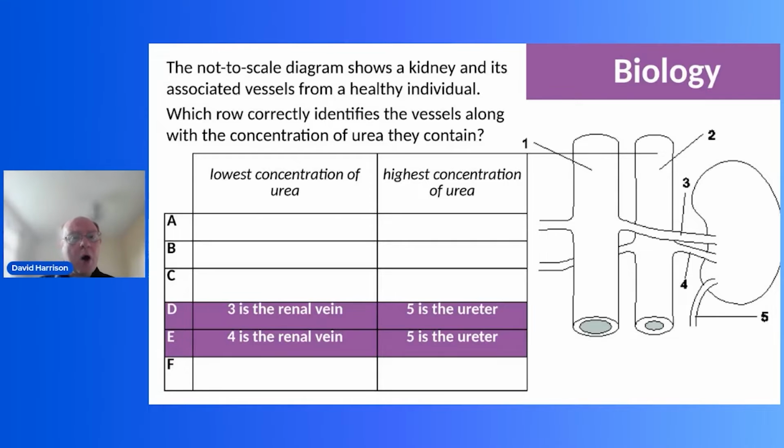If you look at 1, that's got quite a thin wall and quite a wide channel or lumen, whereas element 2 has quite a thick wall and quite a narrow lumen. That shows us that 2 must be an artery, whereas number 1 must be a vein. So that allows us to work out that number 3 must be the renal vein. So our correct answer in this question is actually option D.